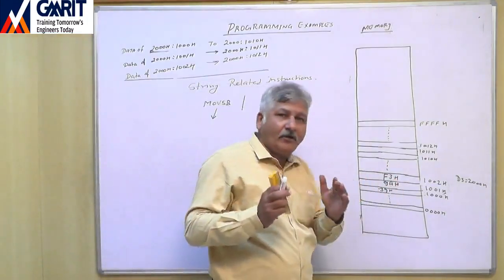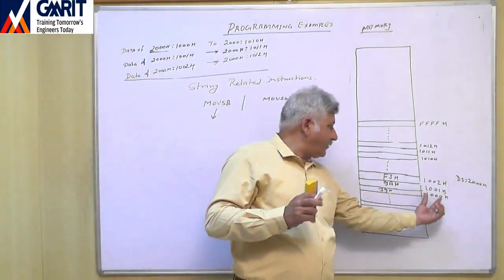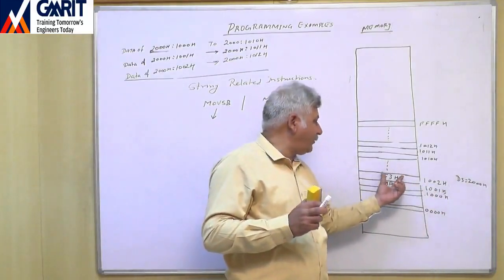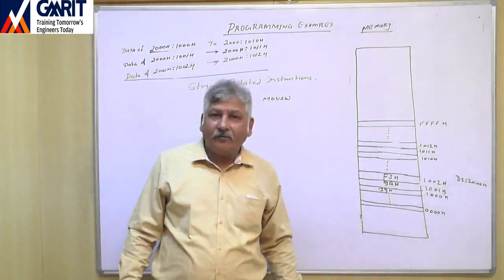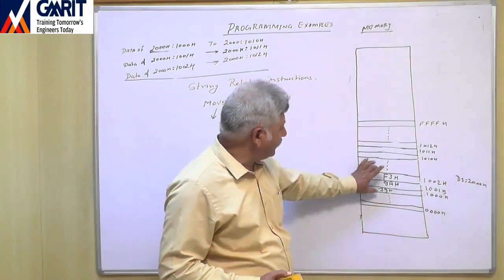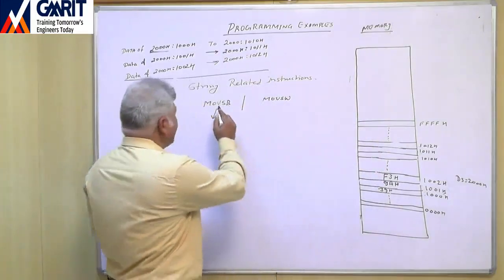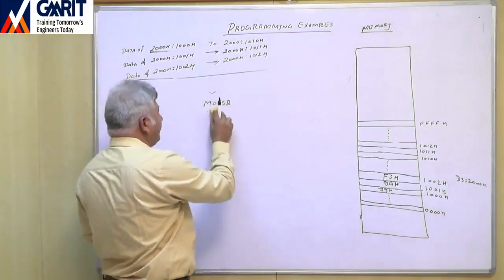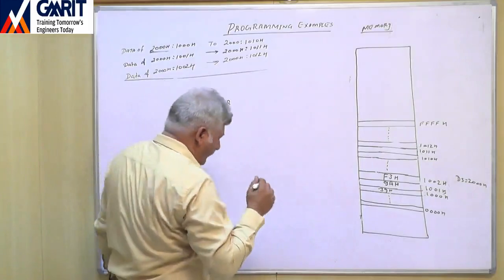So we will use the same program where we want to transfer these 3 bytes. We have a string of 3 bytes. The first byte is at offset 1000H, the second byte at offset 1001H, and the third byte at offset 1002H. We want to move this string of bytes from these 3 locations to 3 new locations. In this case, I will use the instruction move string byte, right? What will happen?